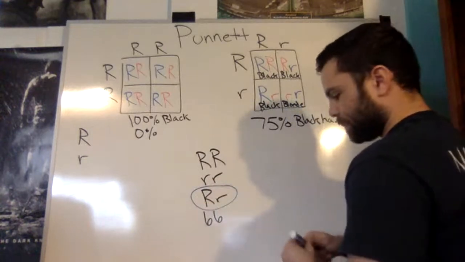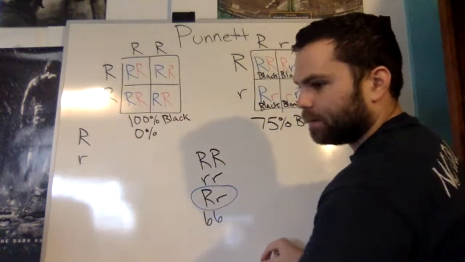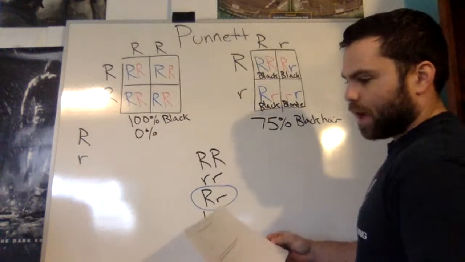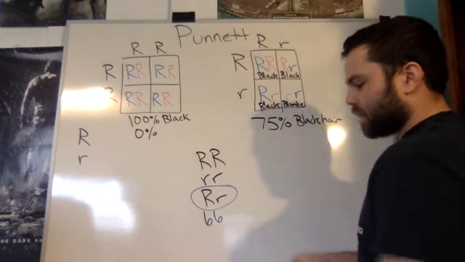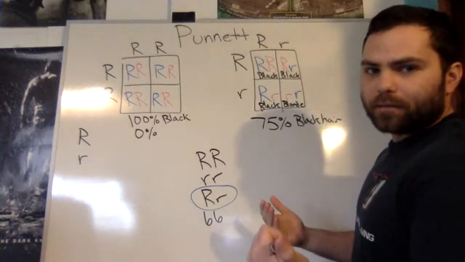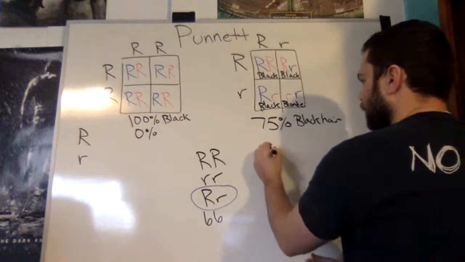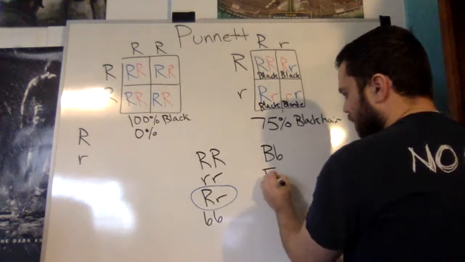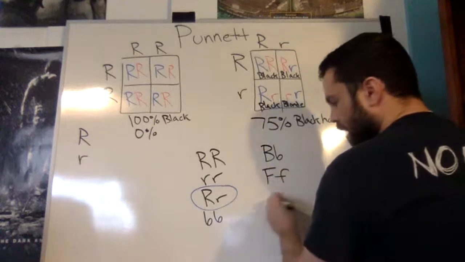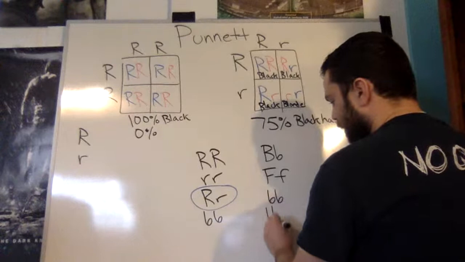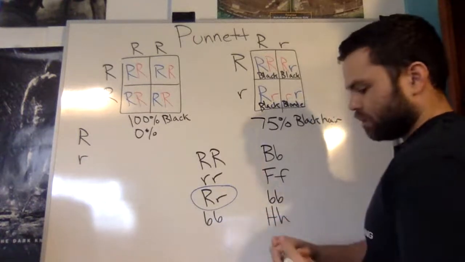Okay? And then the same thing for the next one, all right? You have which of the following is not a heterozygous? So hetero means they have to be different, okay? And your choices were big B, little b, capital F, lowercase f, B and B, lowercase, and H and little h.